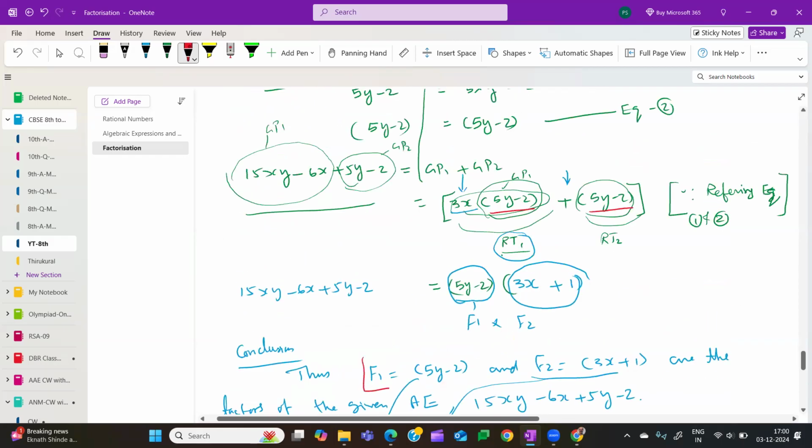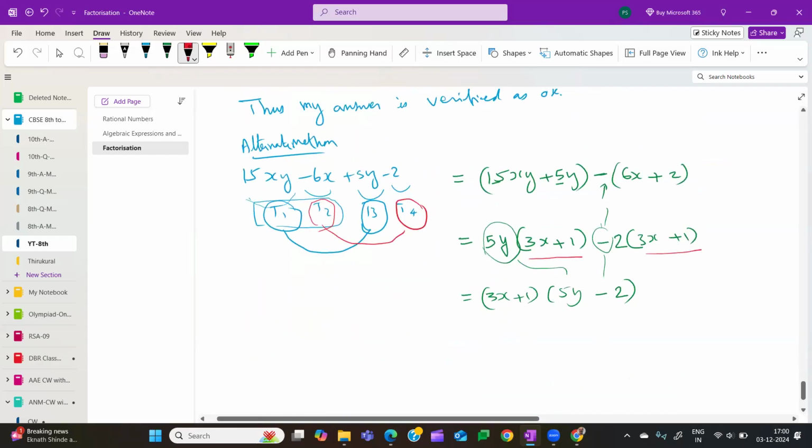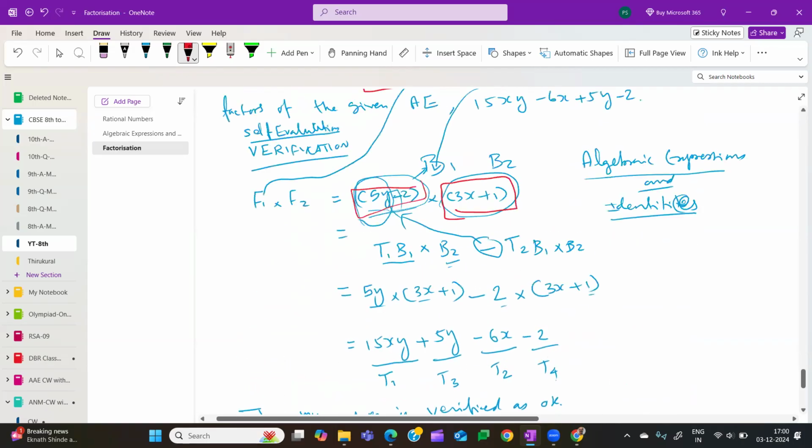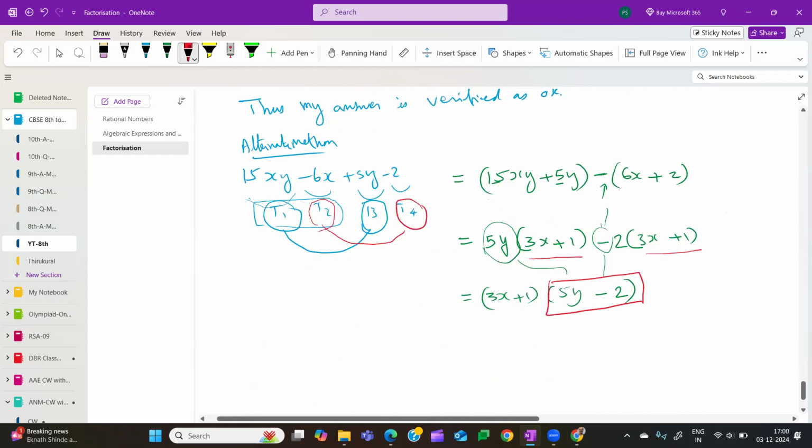Factor 1 is 5y minus 2. That's what we have written here. And factor 2 is 3x plus 1. So that's what we are also getting here.